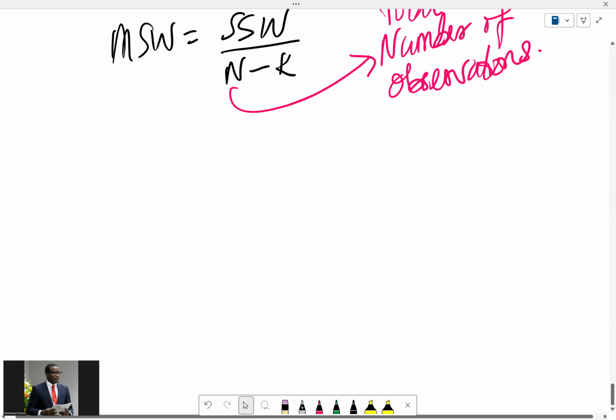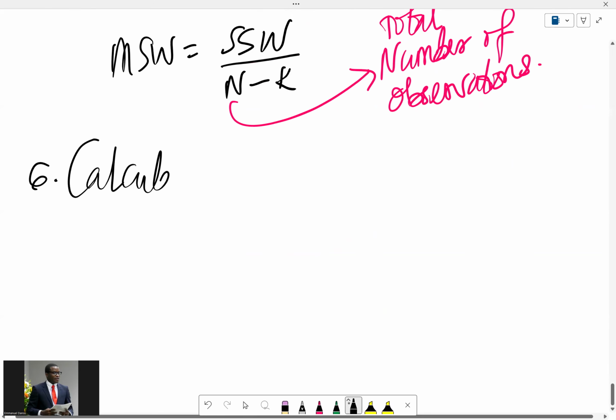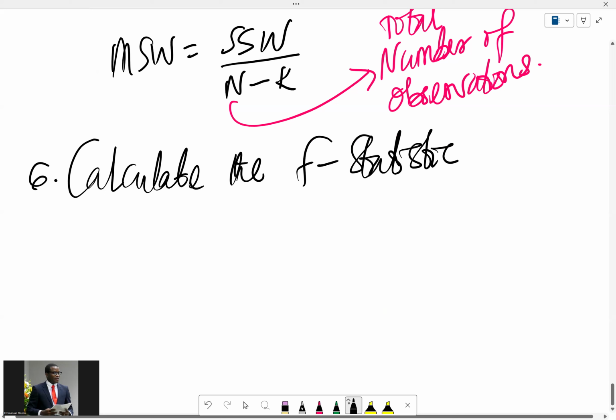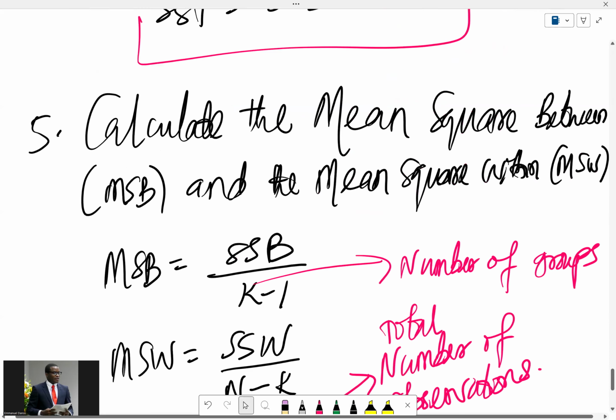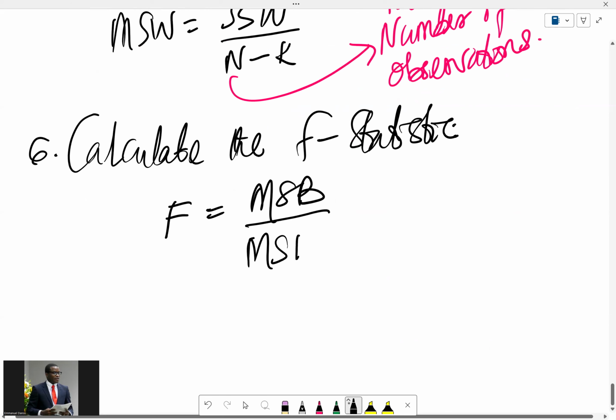Then we go to step 6, which is to calculate the F statistic, given as F equals the mean square between all over the mean square within.